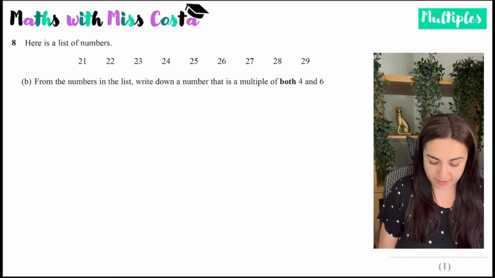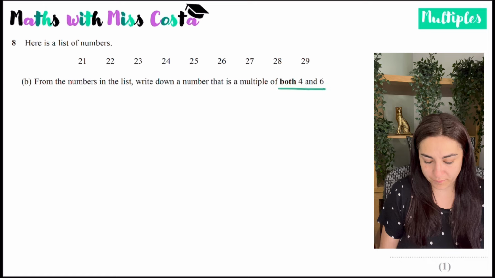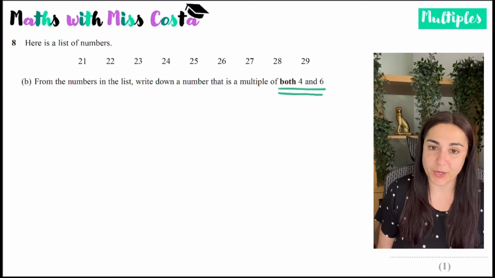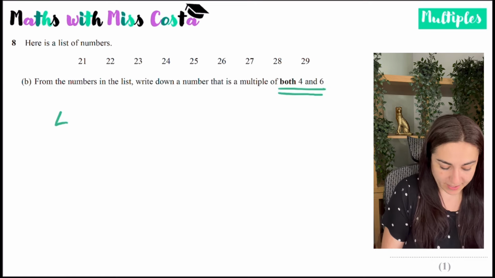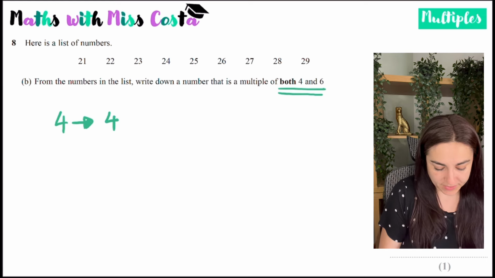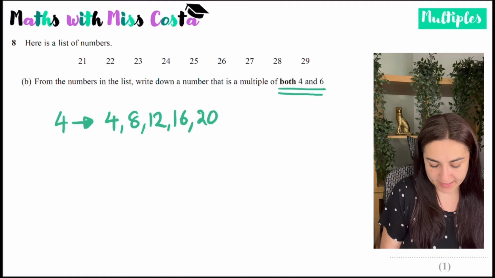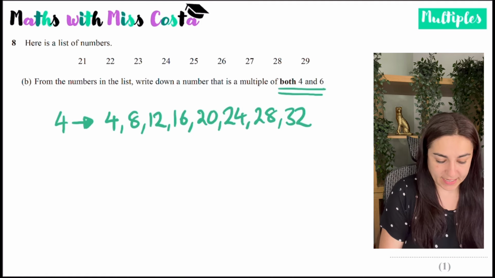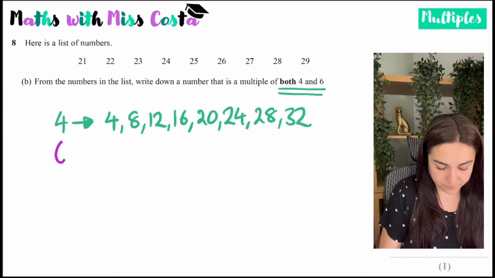I now need to write down a number that is a multiple of both 4 and 6. So I could start by writing out the multiples of 4, which would just be the 4 times tables. So 4, 8, 12, 16, 20, 24, 28, 32, and do the same for 6.